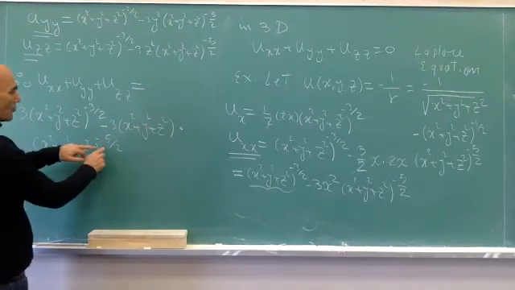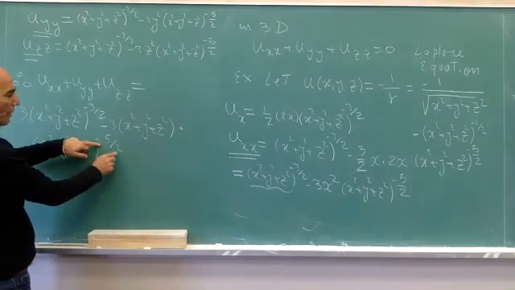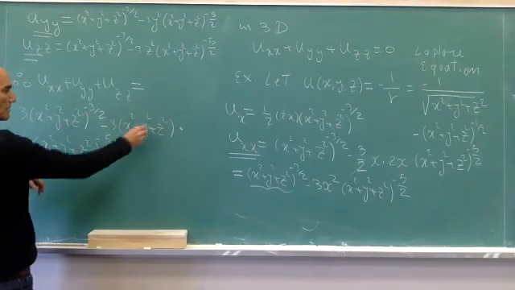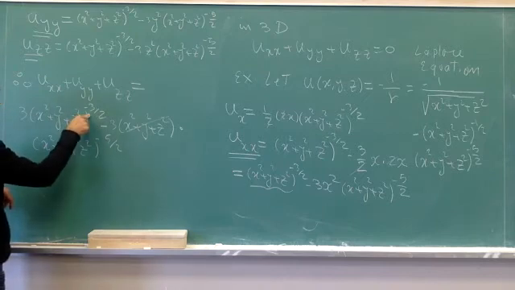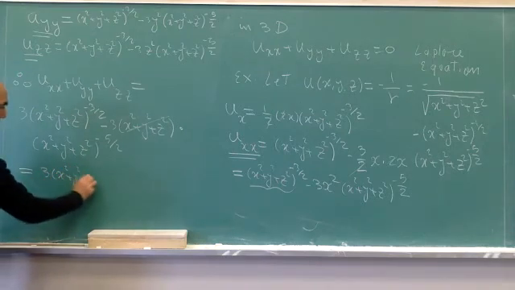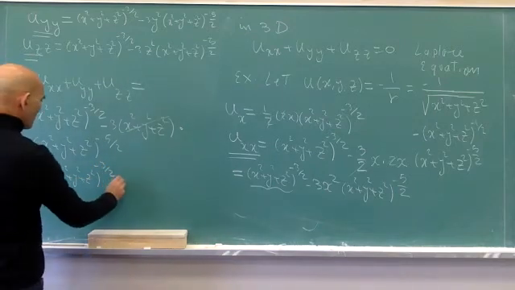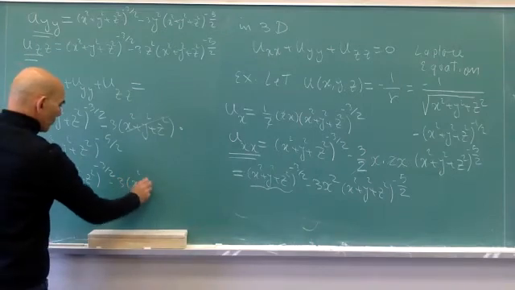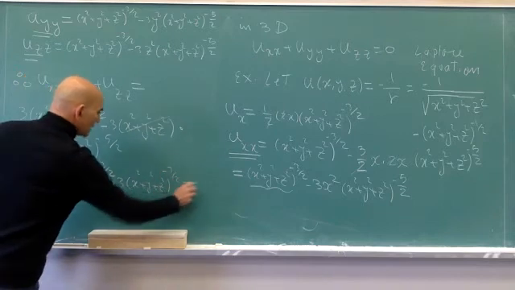This term drops a factor of the power, from minus 5/2 to minus 3/2, because this cancels one factor here and then becomes minus 3/2. So this is equal to 3 times (x² + y² + z²) to the power negative 3/2, and then we have negative 3 times (x² + y² + z²) to the power negative 3/2. And this is equal to 0.